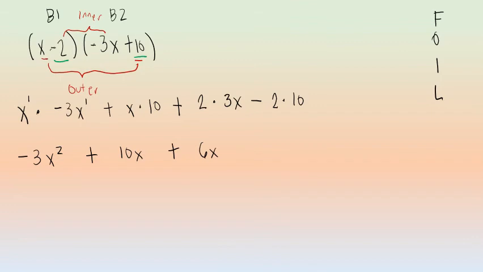Then negative 2 times 10, that is negative 20. So meron ba tayong pwedeng simplify? Yes. So negative 3x plus 10x plus 6x, that is 16x minus 20. And this is now your final answer.